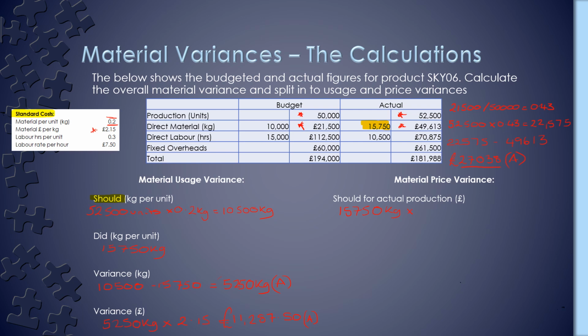We were expecting to pay £2.15 per kilo from our standard costs. So therefore we are expecting to pay £33,862.50. That's what we should have paid for the actual material that we used.